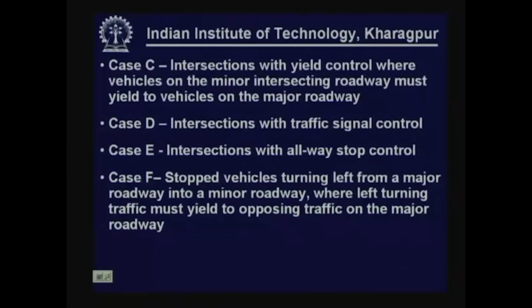Case C, intersections with yield control, where vehicles on the minor intersecting roadway must yield to vehicles on the major roadway. The vehicle from the minor road may not stop, but it must yield to vehicles on the major roadway.